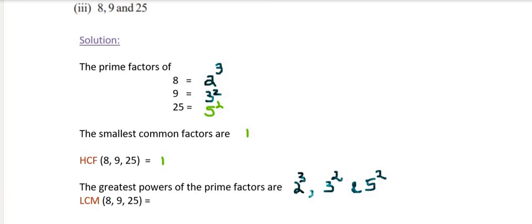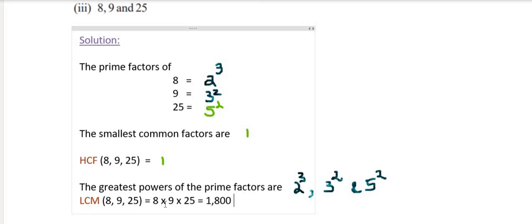So we multiply all these numbers, that is 8 into 9 into 25, which is equal to 1800. We got the LCM is 1800.